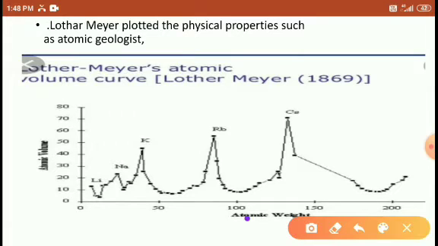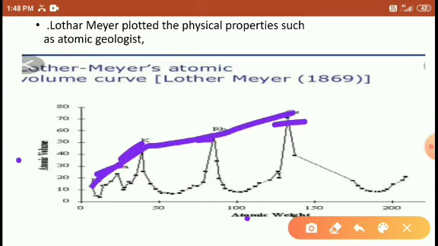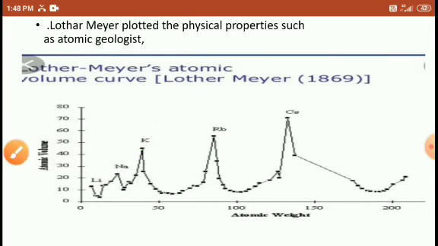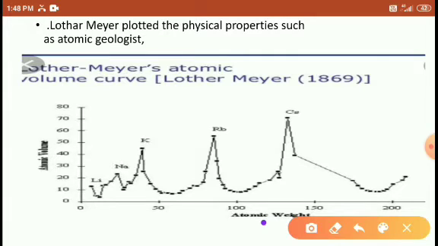So look here, students, the atomic mass against the volume. When he arranged the graph, for lithium, sodium, potassium, rubidium, and cesium, the plot goes on increasing as the atomic weight increases, and the size also increases here, right?